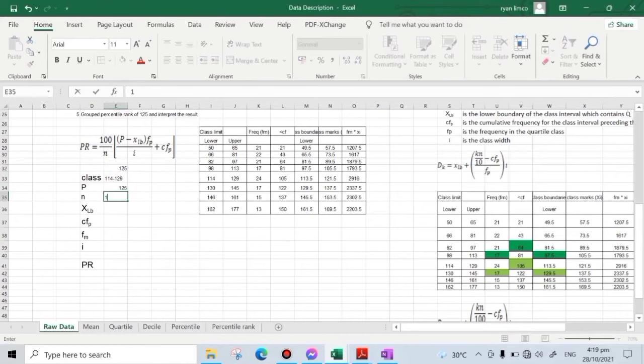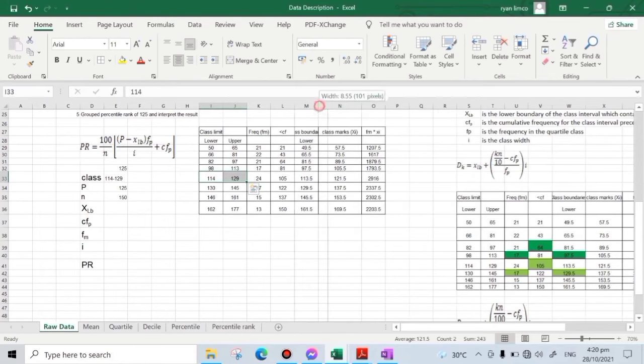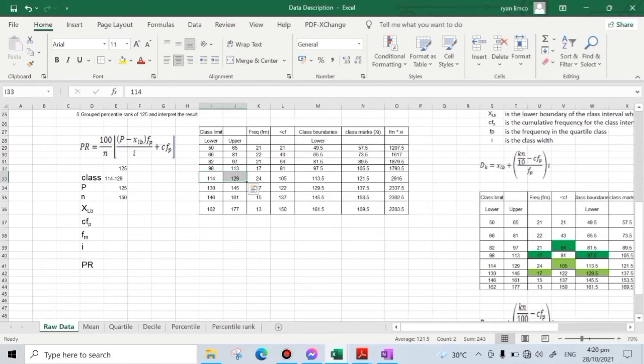For the N, it's 150. For the XLB, since this is the class we need, the XLB is the lower class boundary of this. And the CFP is this, the residue.